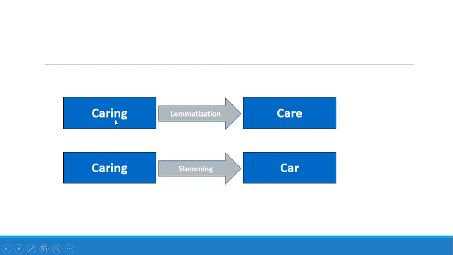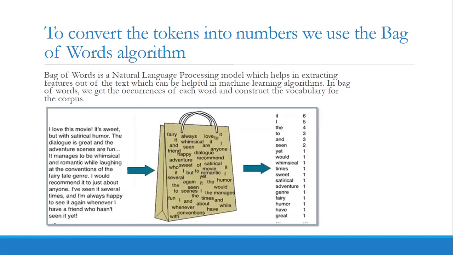So when you remove this affix ing, you get care as the lemma word, and when you remove the ing affix from this other word, you get car. So stemming is the fastest process we can say, and lemmatization is time taking because it makes sure that the meaning of the actual word remains the same. Hope you understood the difference between lemmatization and stemming.